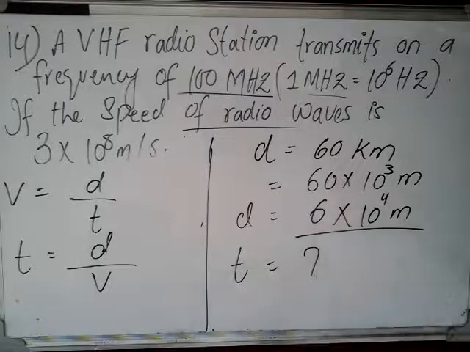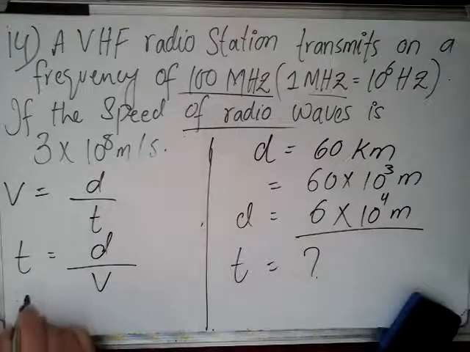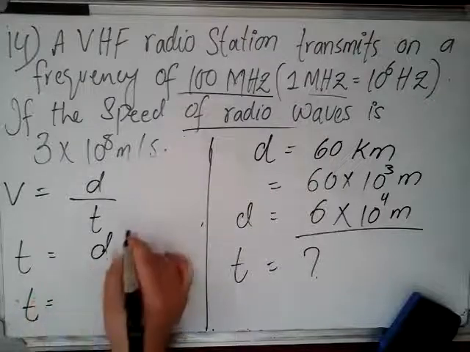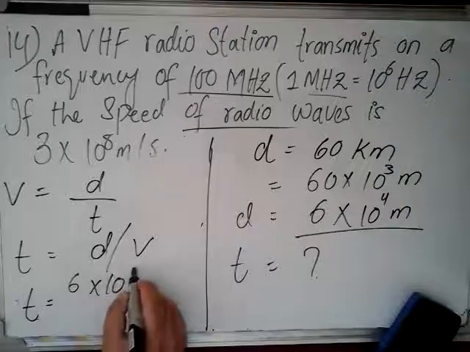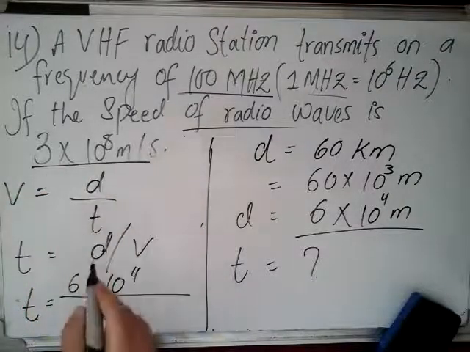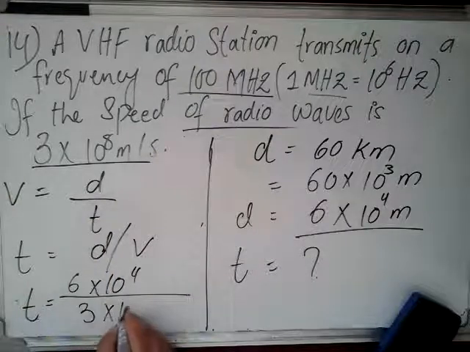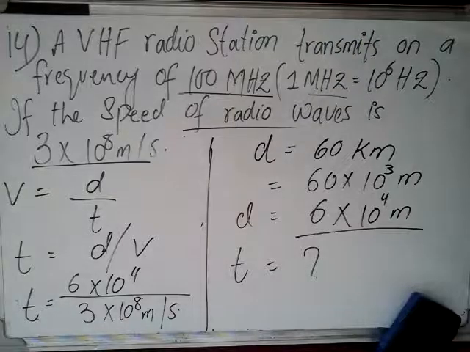So what will we do? We will put the value of distance. Time is equal to distance, which is 6 into 10 raised to power 4, divided by the velocity of light, which is 3 into 10 raised to power 8 meter per second. Is that clear?